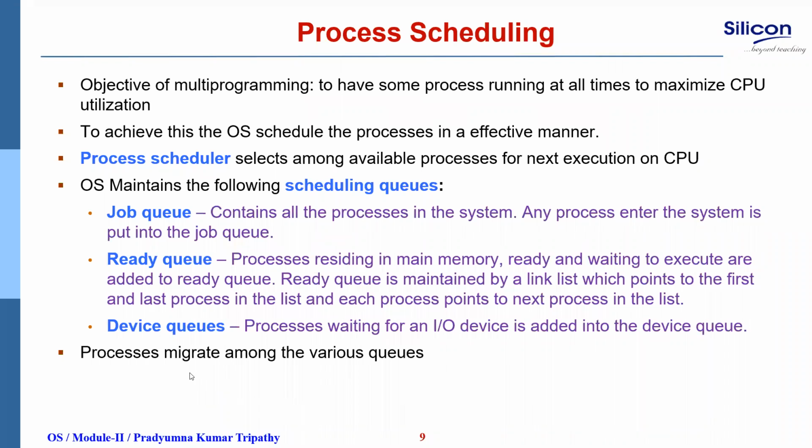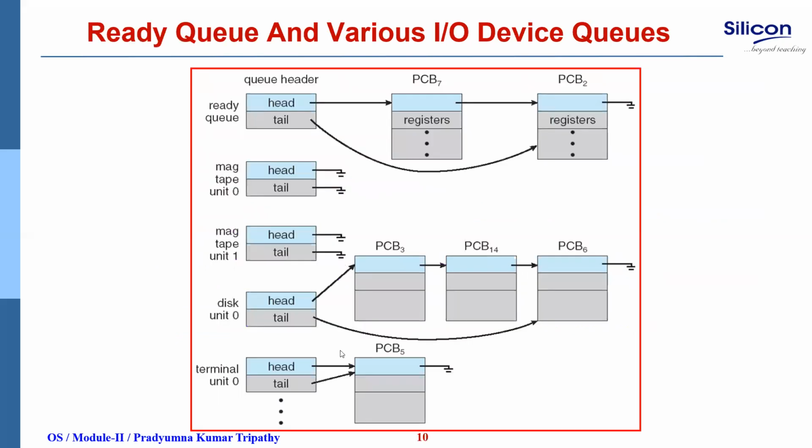Okay, so processes migrate among the various queues. Suppose here I have PCB2, and here I can have PCB2 also. That means PCB2 is requesting the disk, and PCB2 is also requesting the terminal.